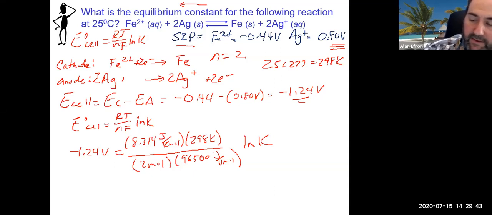That number was, by the way, 0.012837. And if I do that, minus 96.59 equals the natural log of K. So again, I cleaned up everything on the right-hand side. I divided it to the left-hand side. And now to get rid of the natural log, we want to take e to both sides, right?